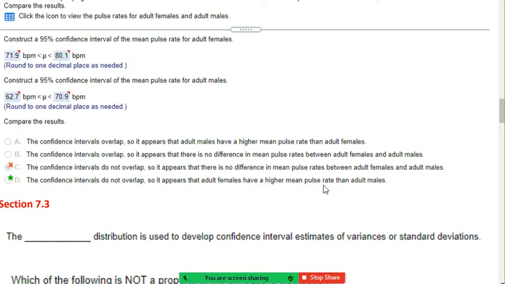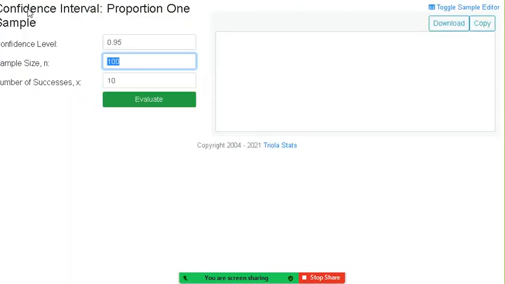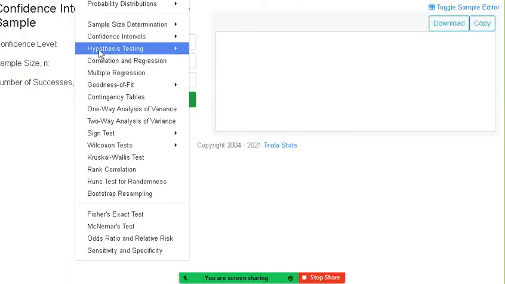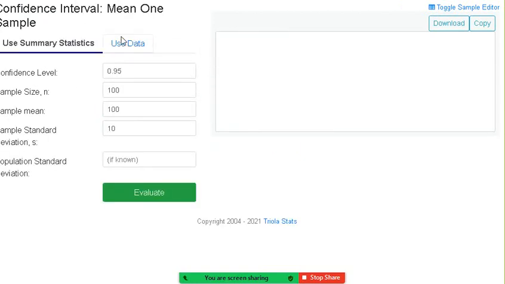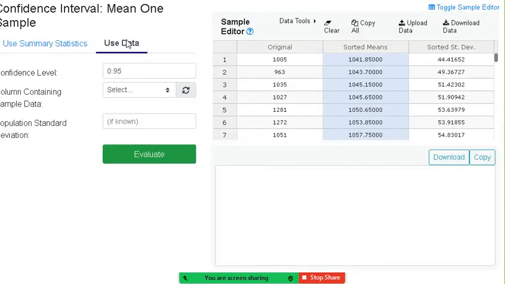Perfect. Now, I do trust that if you're given the data, that you can find a confidence interval. For that, you're just going to go to StatDisk, plug in the data, it'd be analysis, confidence intervals, mean one sample. And you either use summary statistics or click use data if you actually have the data.